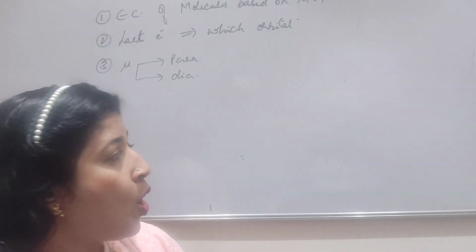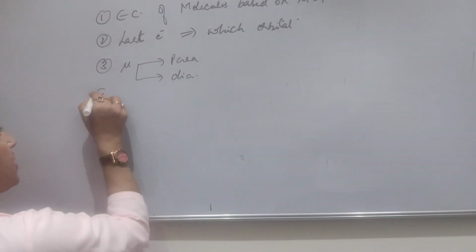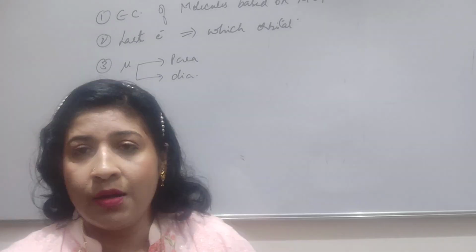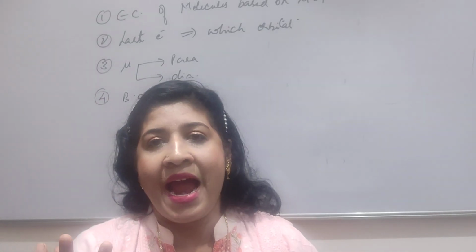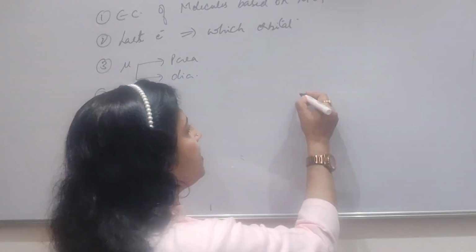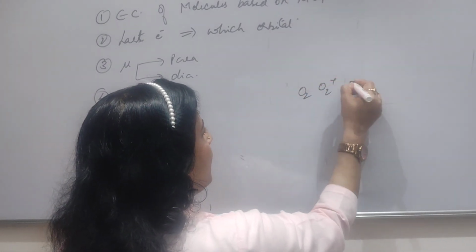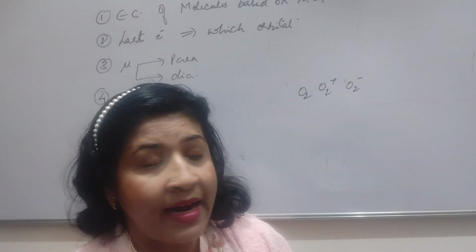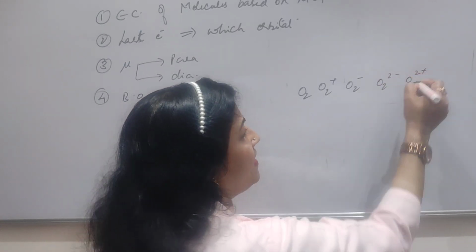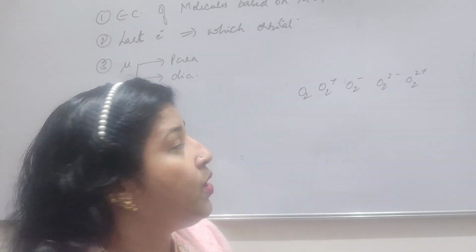Most important, they always ask the bond order. Two, three, four molecules will be given to you, with charges or without charges, neutral molecules. They may ask you O2, O2 plus, O2 minus, something like that, or O2 2 minus, O2 2 plus. They may ask their bond order.